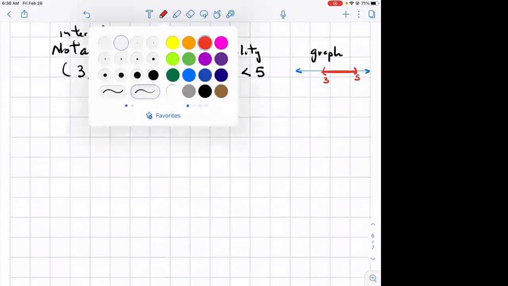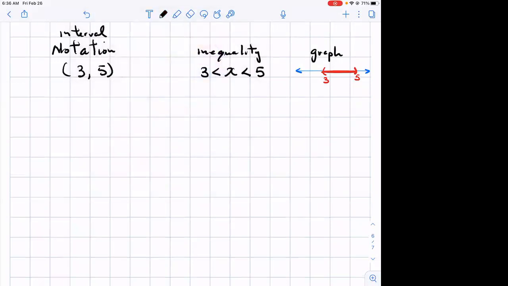So there are different types of interval notation. Let's say we have notation, and let's give them some headings: notation, then interval type, then the inequality, and then the graph.